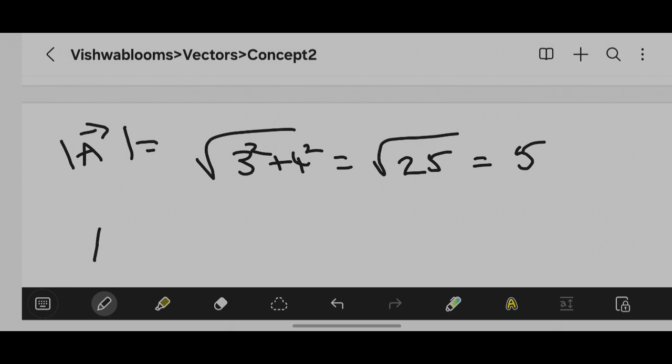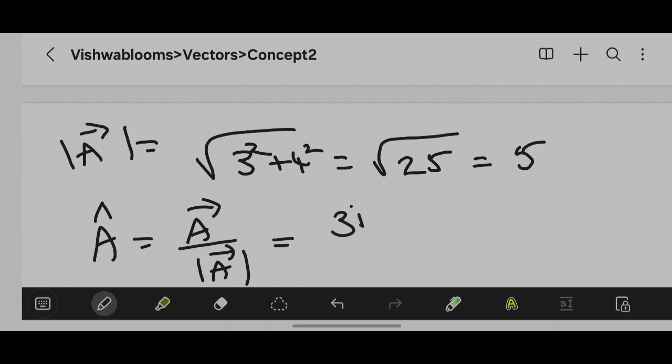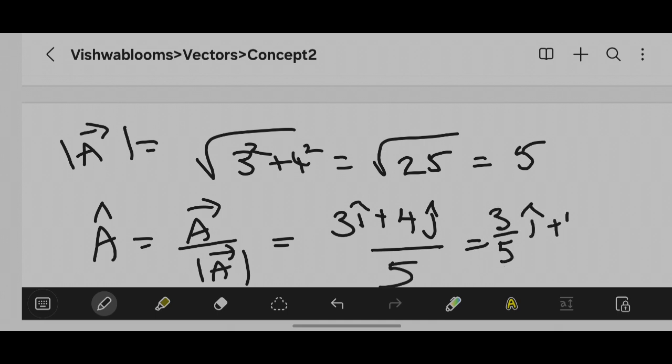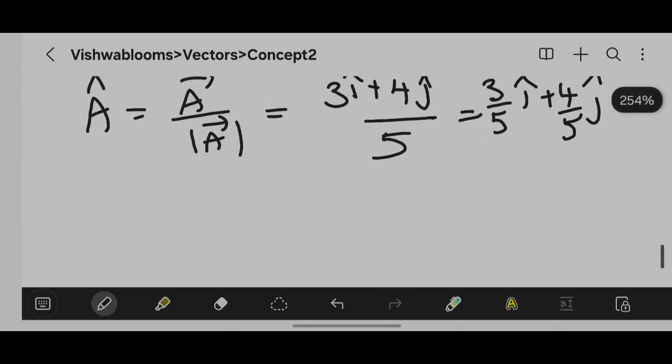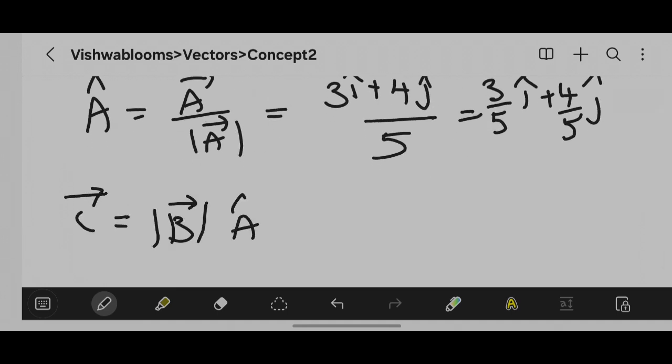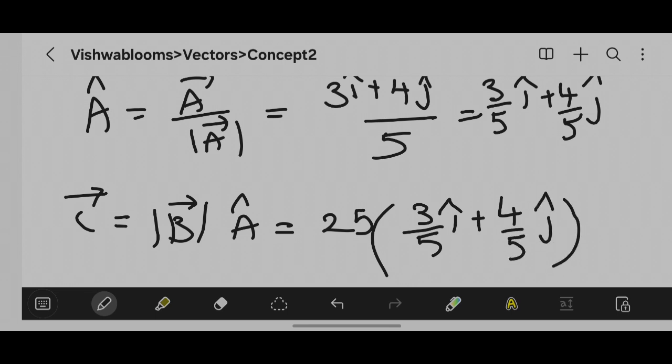Now we have to find A cap, which is A bar by modulus of A. A bar is 3 i cap plus 4 j cap. Modulus of A is 5. So it is 3 by 5 i cap plus 4 by 5 j cap. Now what is C bar? Modulus of B bar into A cap, which is 25 into 3 by 5 i cap plus 4 by 5 j cap.